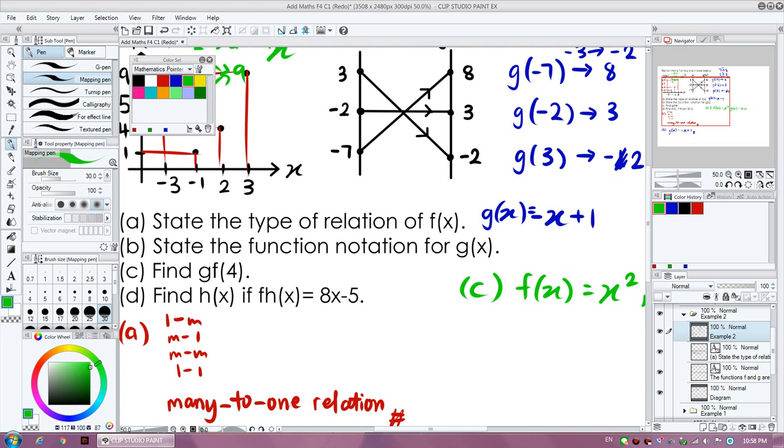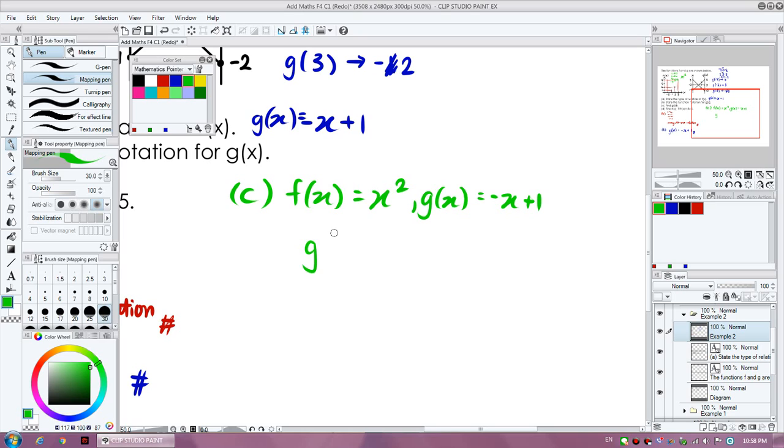Now I need to find gf(4). Well, we can just put f(4) in there first. I already told in a past video that you can just sub x with 4. So it'd be 4 squared, which is basically g(16).